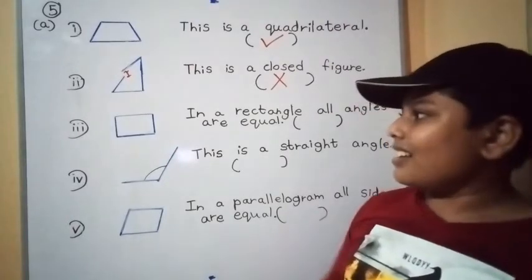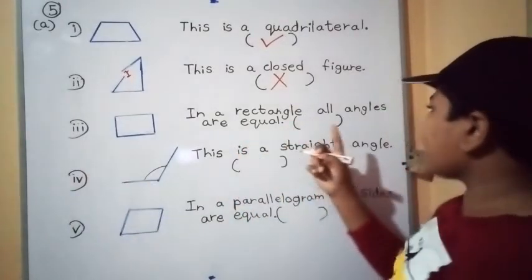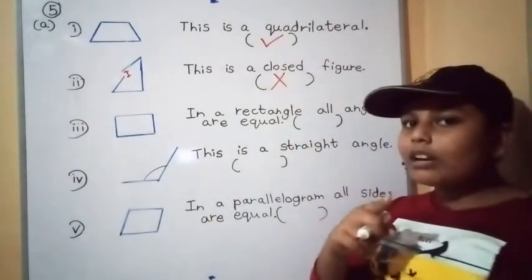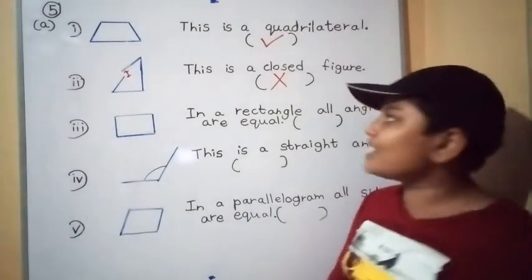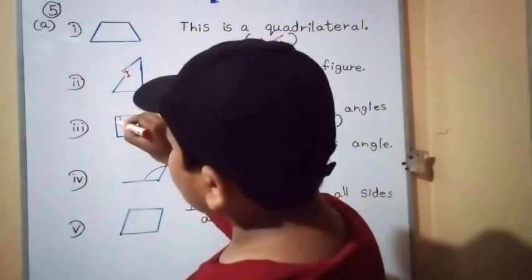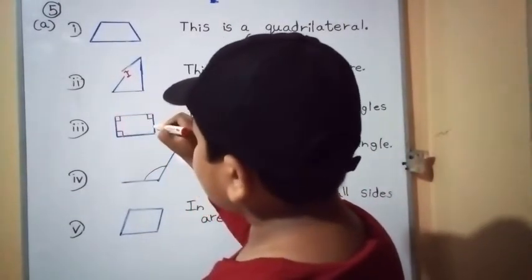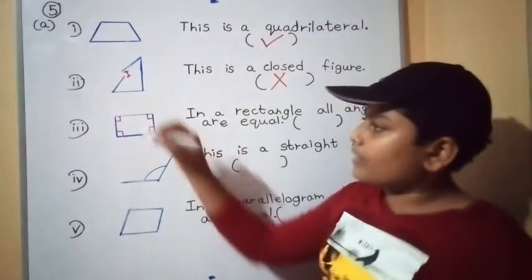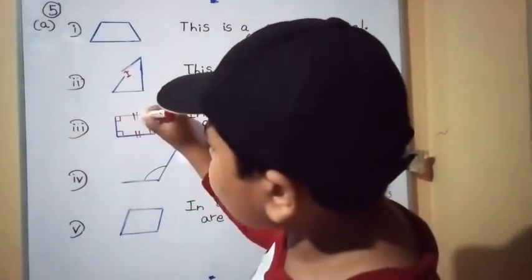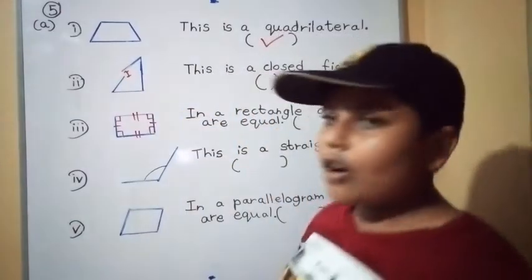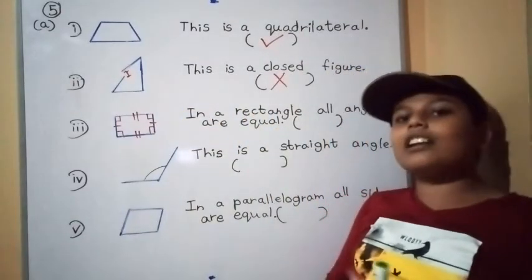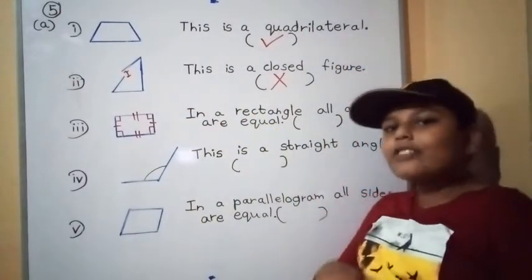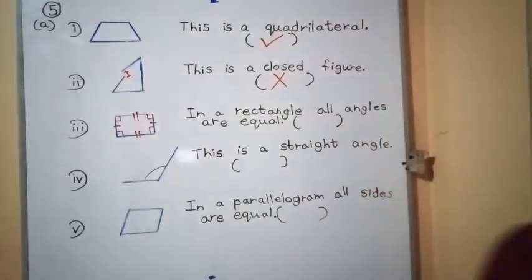Right? Third one: in a rectangle, all angles are equal. Let's check that. Now, you know these four angles like this. These two are the same, these two are the same. Four sides equal and four angles equal is the rectangle.